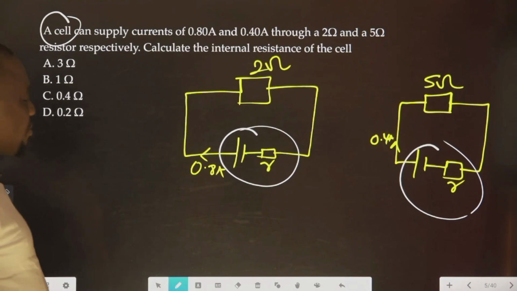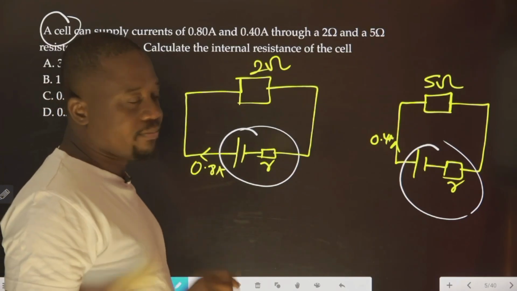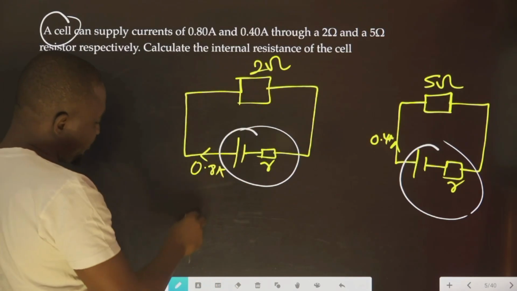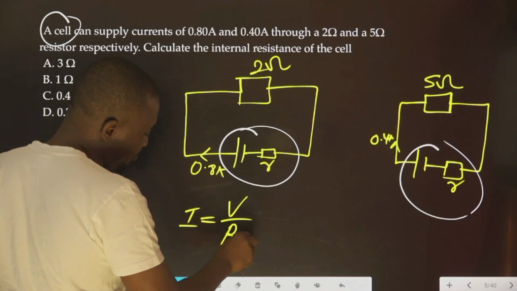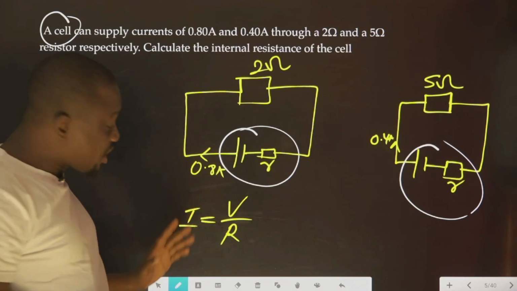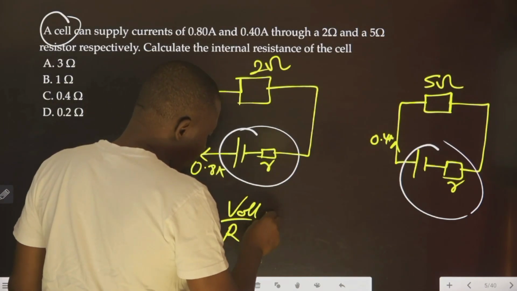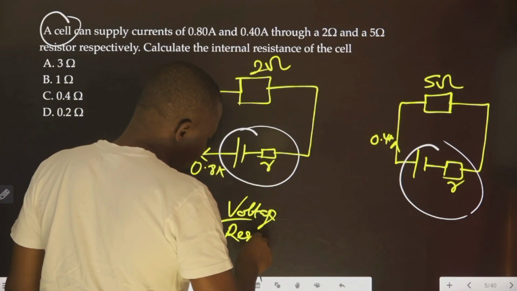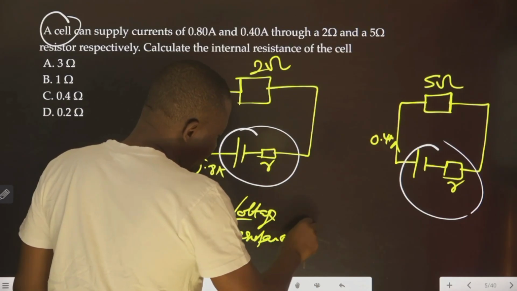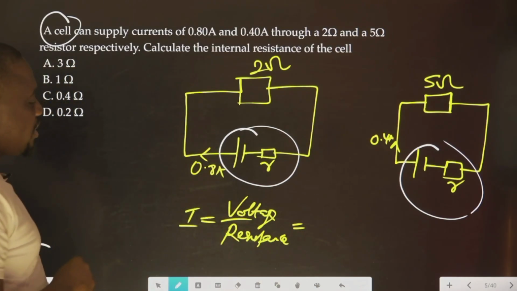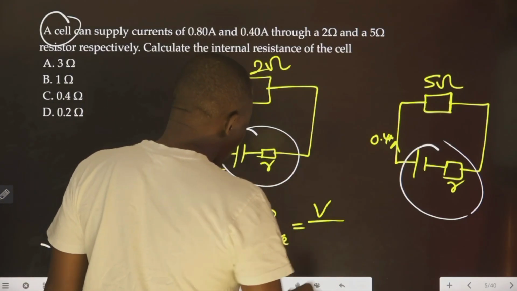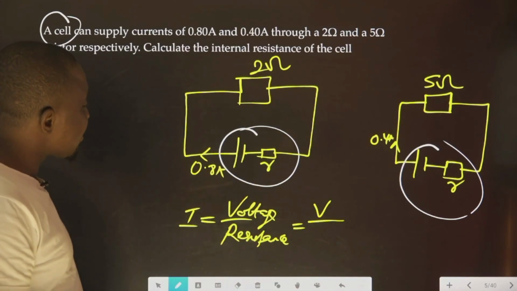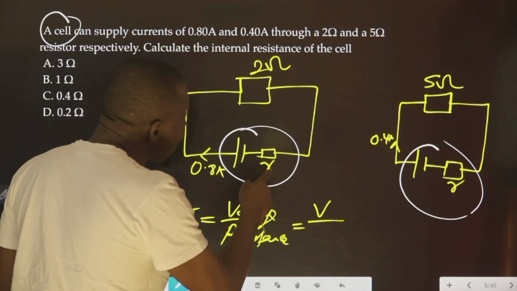How do we get R? Very easy. This current is always equal to V over R. That is voltage over resistance. Okay? What is the voltage here? We don't know. Just say V. What is the resistance? The resistance is this resistance plus this resistance.